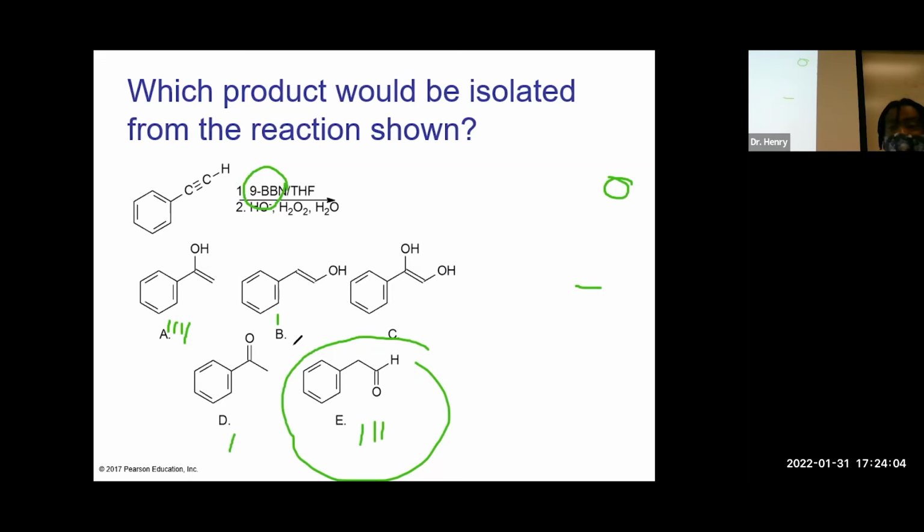That's right. And this is an aldehyde, right? This guy is an enol. This guy is a crazy enol. And then this guy is a ketone, right? So we know that we can get rid of all of these because these guys are going to be transferred into either this or this. They're going to be tautomerized. Tautomerized. Yeah.